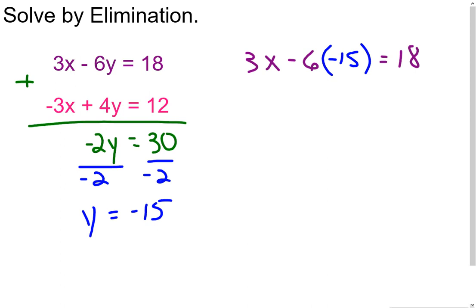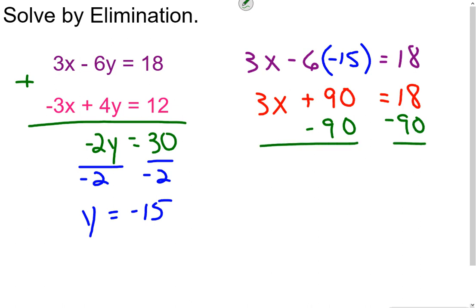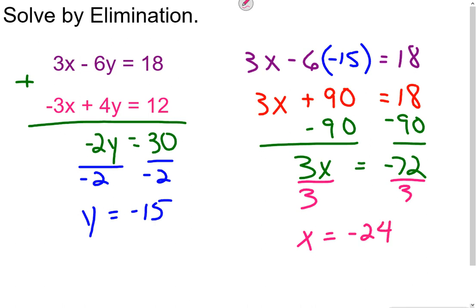I have 3x, and now this is going to be plus 90 equal to 18. If I subtract the 90 from both sides, I now have 3x equal to -72. Now all I have to do is divide both sides by 3 to find out that x equals -24.